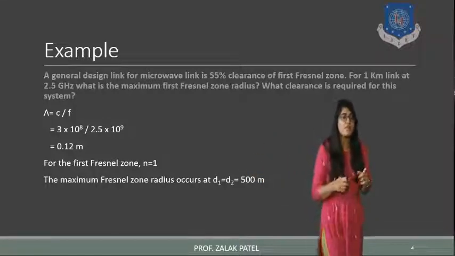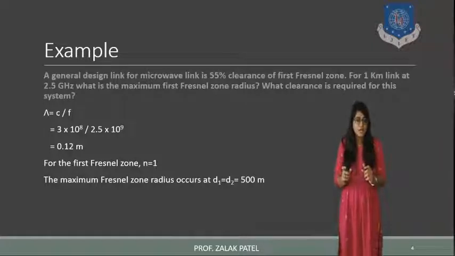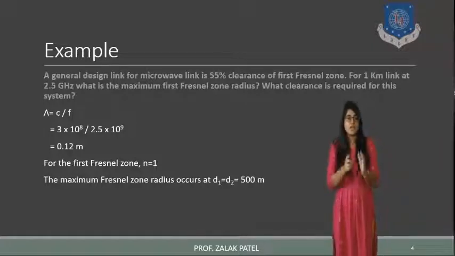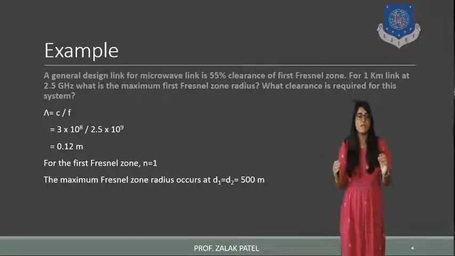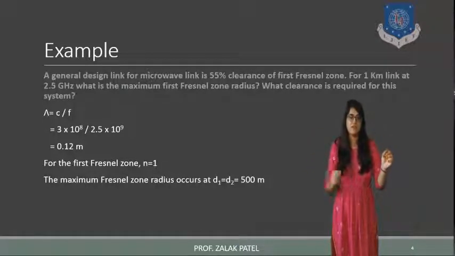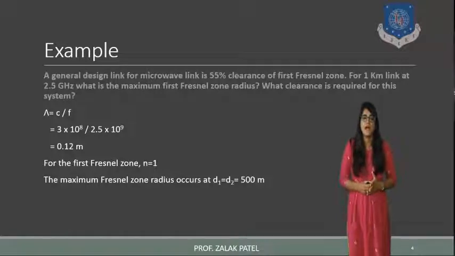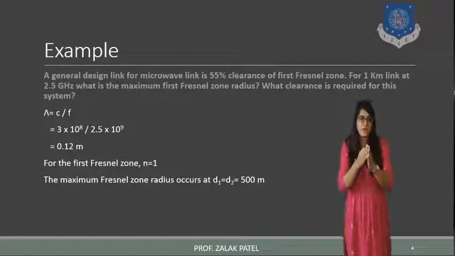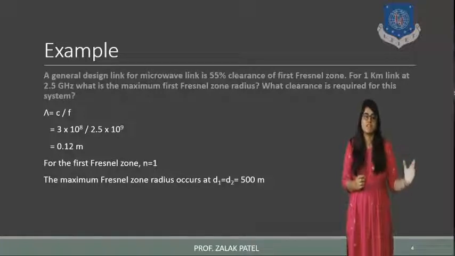And in the problem statement, a 1 kilometer link is given. Now this 1 kilometer link is actually the total distance from transmitter to receiver side. But in between this transmitter and receiver there may be an obstacle present. So here we consider that the obstacle is present at the exact midpoint position from the transmitter and from the receiver side.